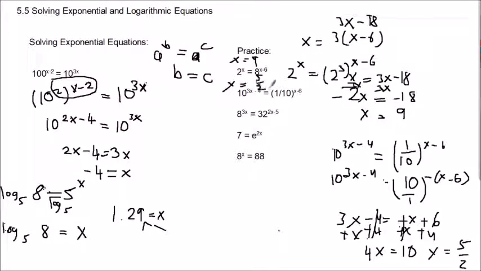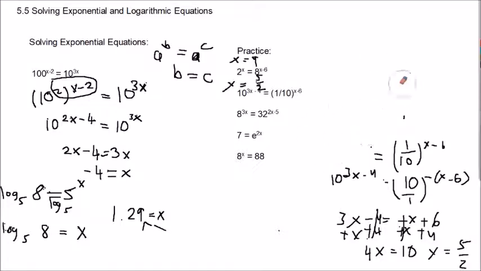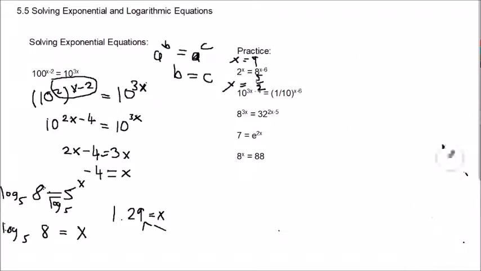Okay, I'll erase everything. If you want to pause the video now, you can pause the video for the work. Our next question is 8 to the 3x equals 32 to the 2x minus 5.